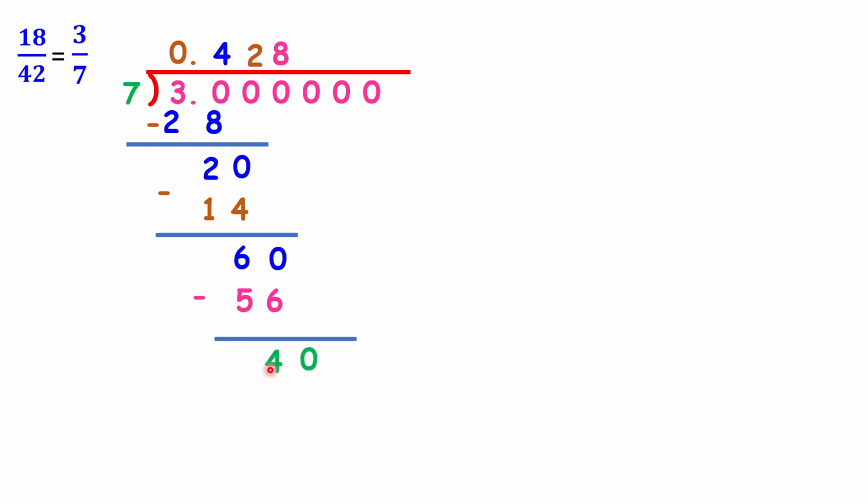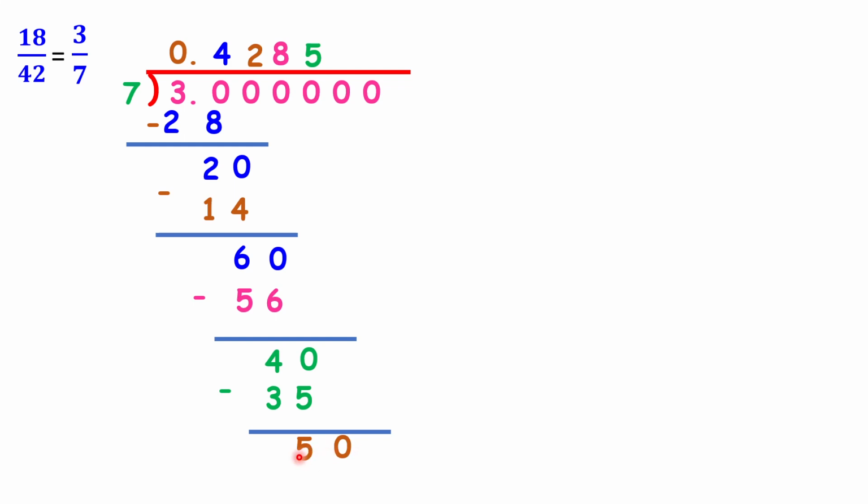Write here 0. Find the number less than 40: 7 fives are 35. Then 40 minus 35: 10 minus 5 is 5 and 3 minus 3 is 0. We write here 0.